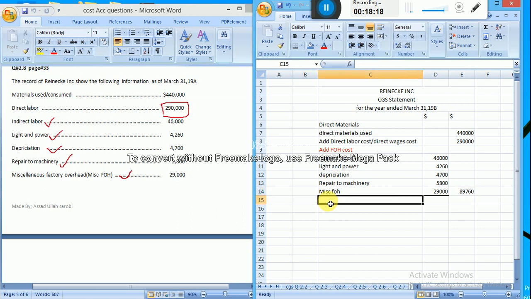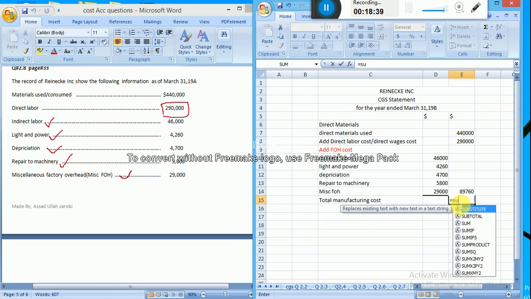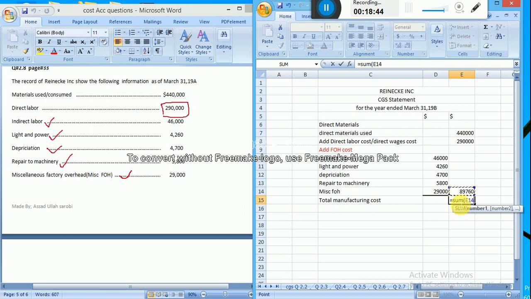So total manufacturing cost is equal to how much? Add all these three costs: direct material cost, direct labor cost and factory overhead cost.